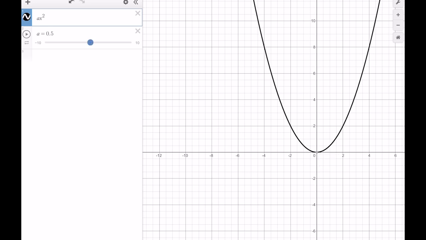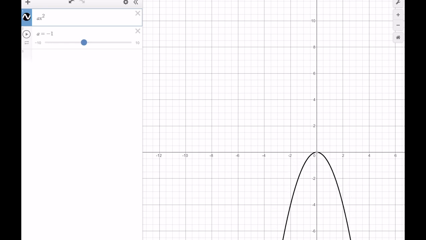If I was to make a negative now, as you can see, it reflects over the x-axis, and now it's concave down, and the vertex is a maximum because it's at the top of the hill.